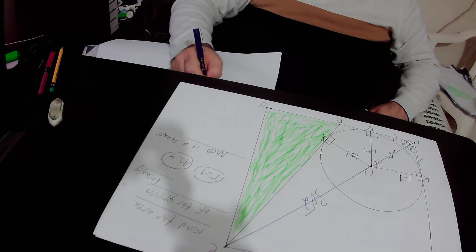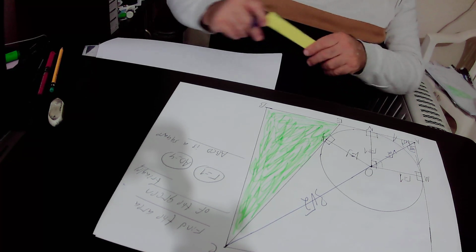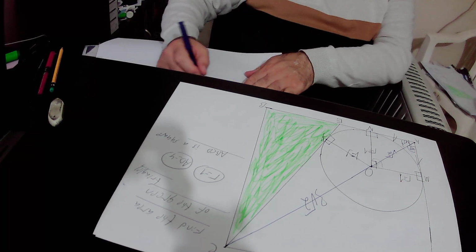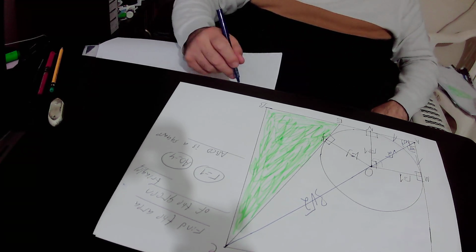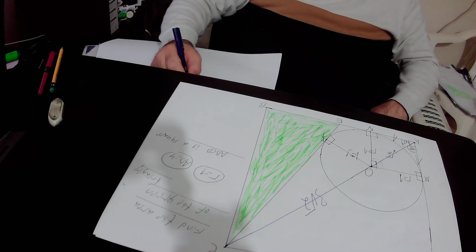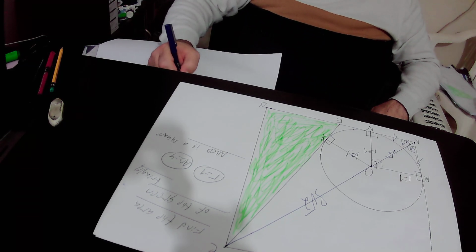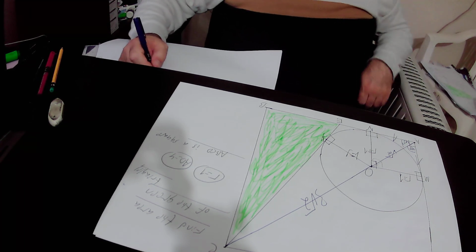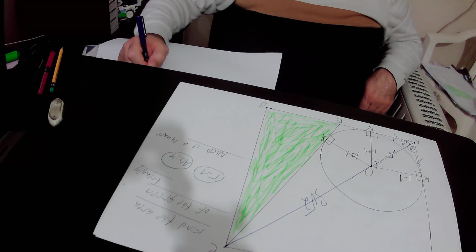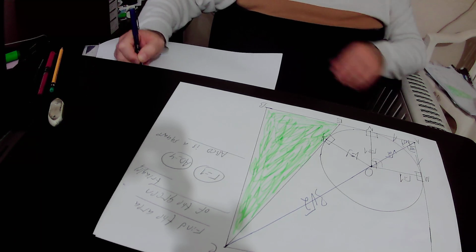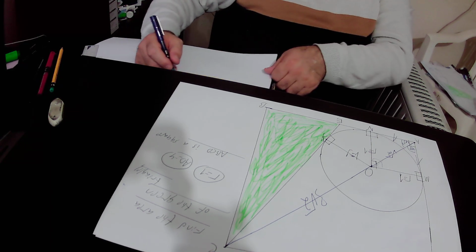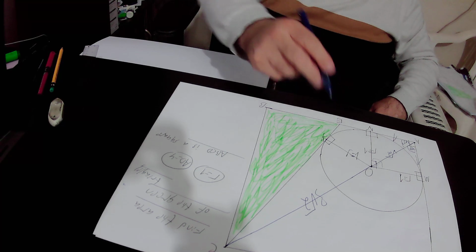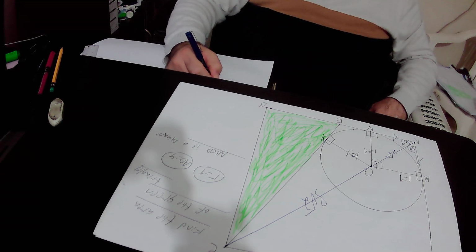In triangle COK, according to Pythagoras theorem, the square of the hypotenuse equals the sum of the squares of the perpendiculars.